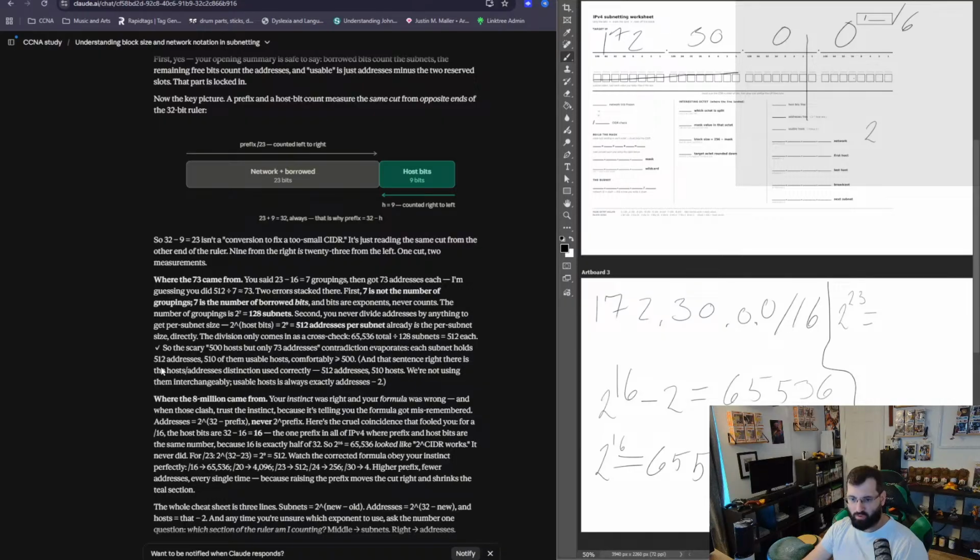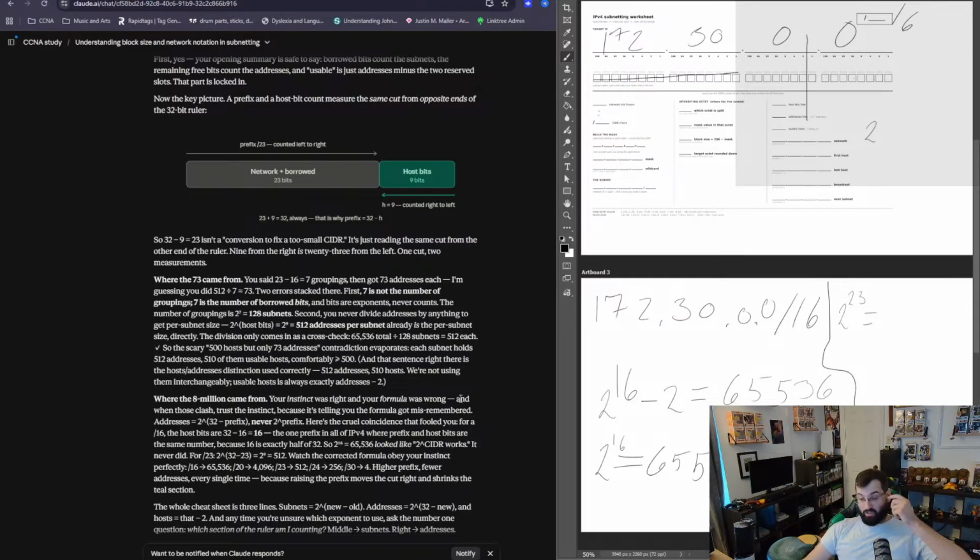Each subnet holds 512 addresses. 510 users comfortably fit inside the 500. And then the sentence right there is the host/address distinction used correctly: 512 addresses, 510 hosts. Okay.